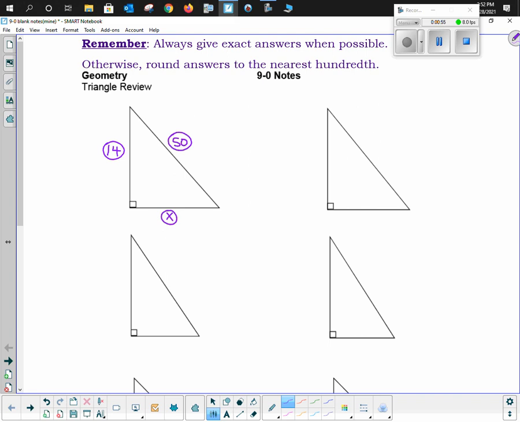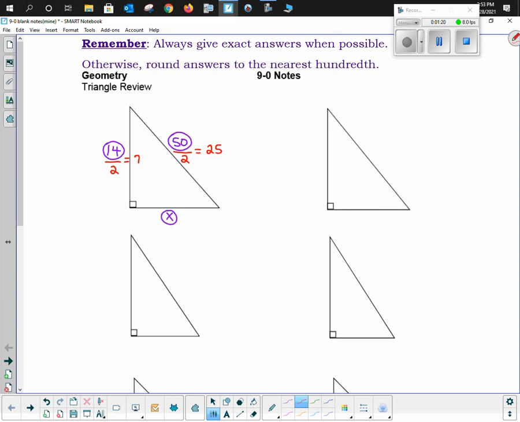Okay. Remember our old stuff, guys. I have 2 out of 3 sides given to me. So the first thing we do, reducing, triples, Pythagorean theorem. Okay, that's what I should be thinking. So if I reduce by 2, I would get 7 and 25.